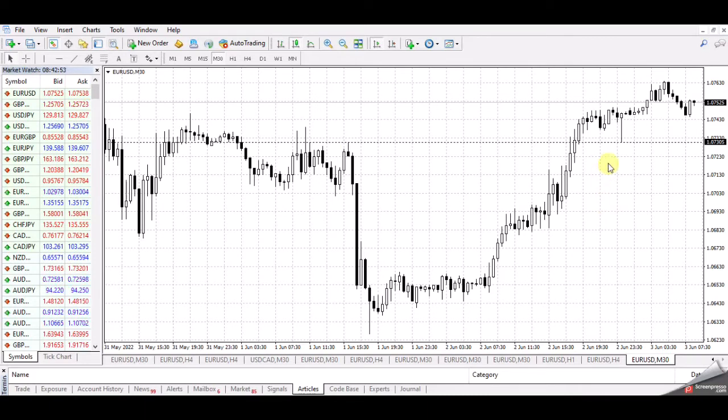If hourly candle will close below this last swing low at 0.735, you have to check previous swing. Okay, take a look. This is 1.06946. Okay.